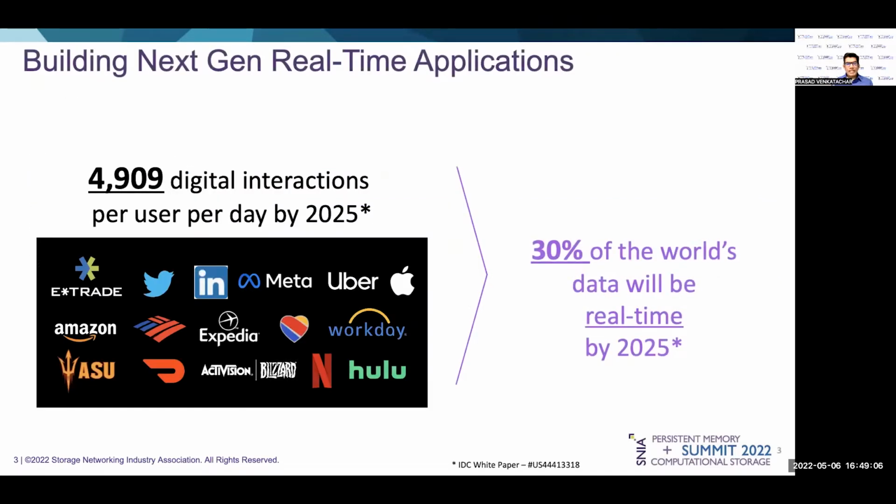By the year 2025, a user will have 4,909 digital interactions. This is going to increase from 1,450 as of the year 2022.